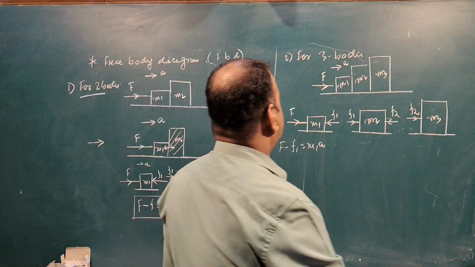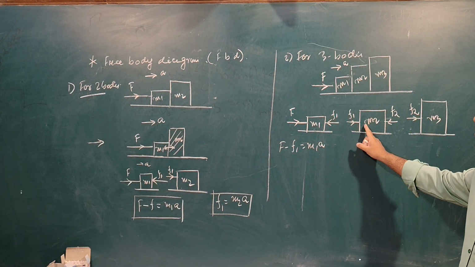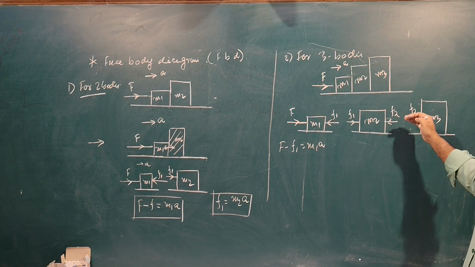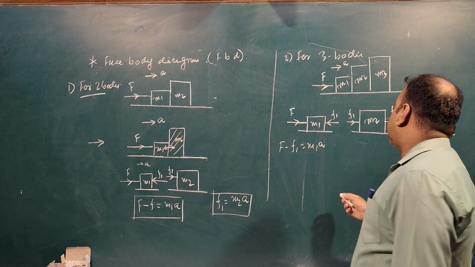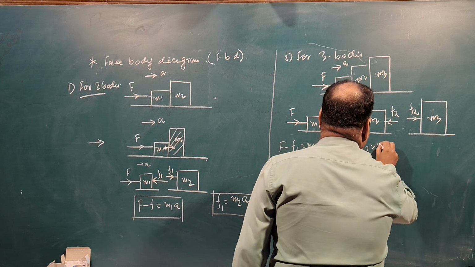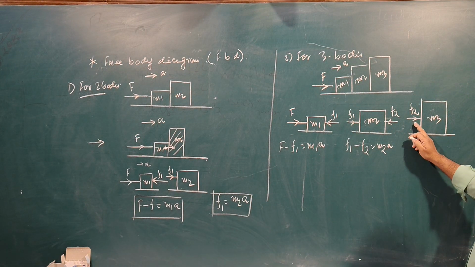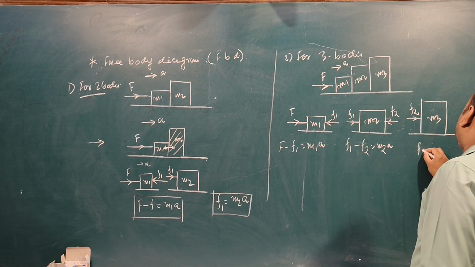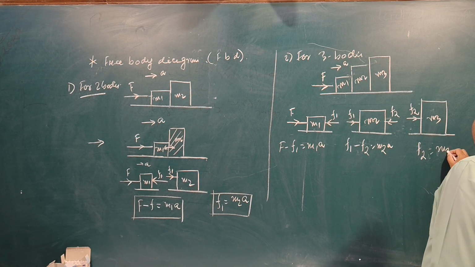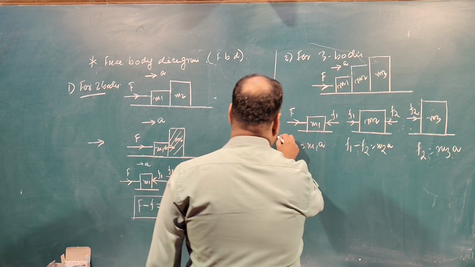Similarly, for the second body, the force F1 acts in the forward direction and F2 acts in the backward direction. So the force F1 minus F2 will be M2A. And in the third case, only one force is there. That is why we can write F2 is equal to M3 into A. So this is the formula for the three bodies' free body diagram.